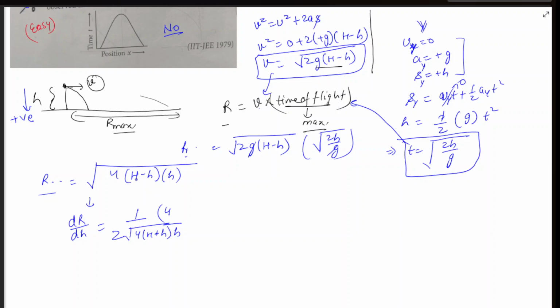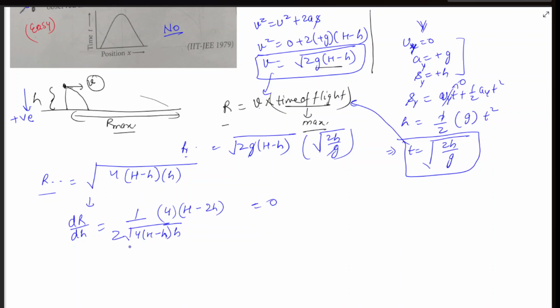H minus 2h, right? Chain rule I have used. That is very simple. So this is minus h, right? It should be 0.